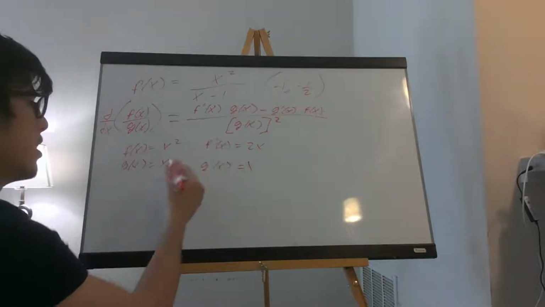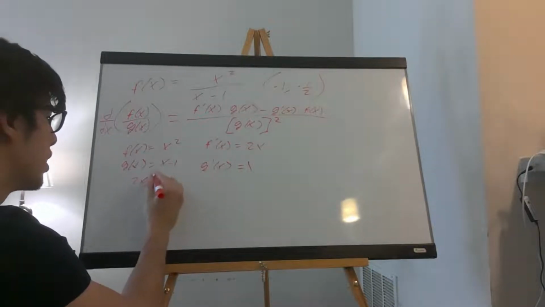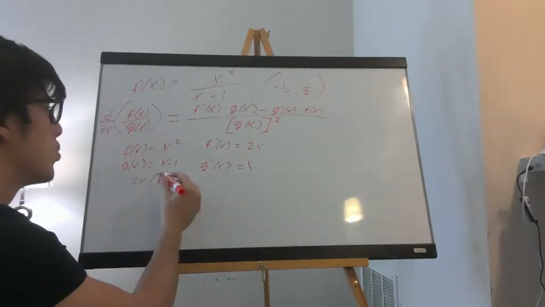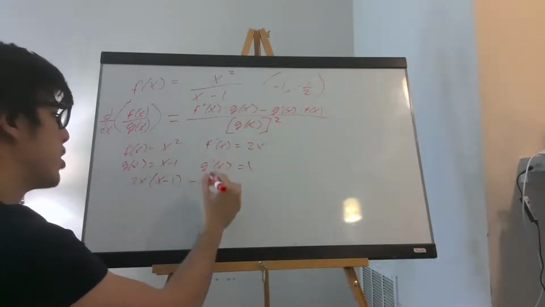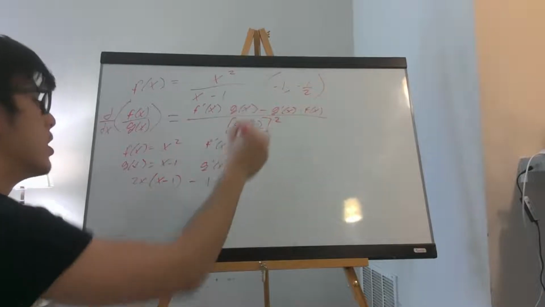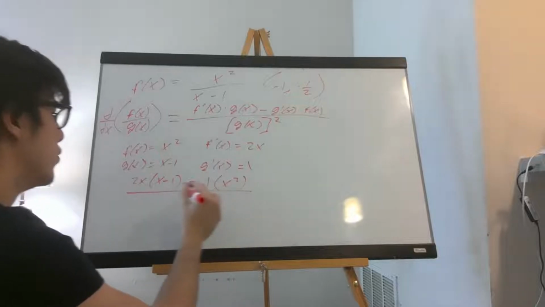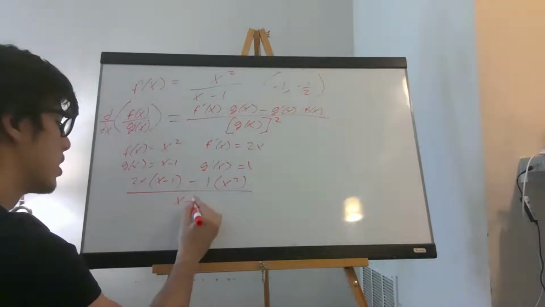Okay, so f prime of x, 2x, times g of x, x minus 1, minus g prime of x, which is just 1, times f of x, which is x squared, all over g of x squared.